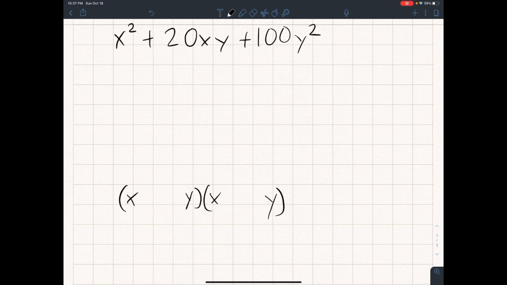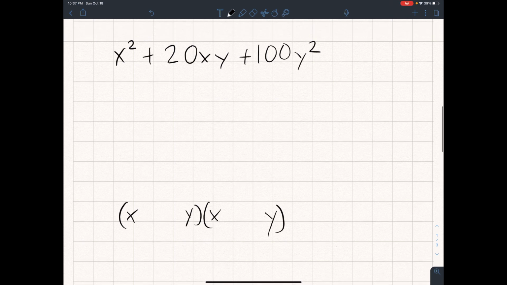But rather than just saying that, and saying that, well, it makes sense that they should fit there, factoring by grouping makes all the more sense. So I need to turn this middle term here, 20xy, into something that makes sense. What should I split 20xy into?